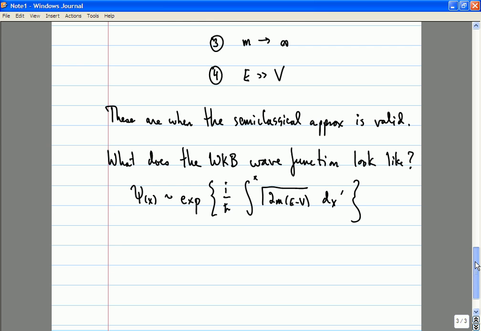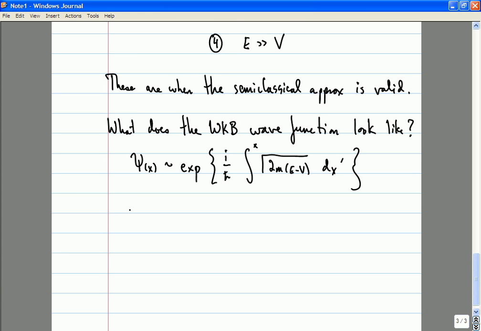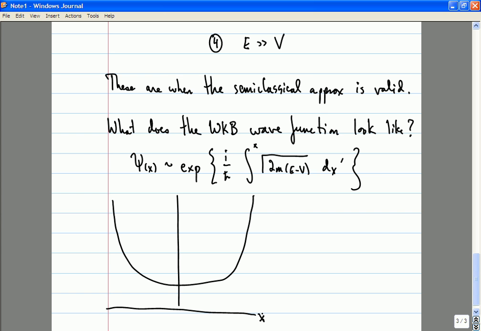So in particular, if you have some potential here, so let's say that this is v as a function of x, then you can see that if you're looking at the wave function at a place where E is bigger than V, then the argument of the exponential is going to be purely imaginary, and so the wave function oscillates.